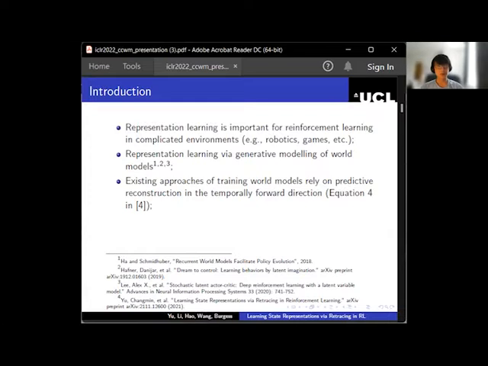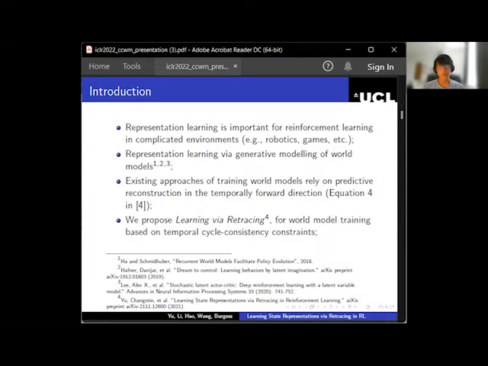Existing approaches of training the world model mainly rely on supervision based on predictive reconstruction. You embed your observations into latent space, do a one-step rollout, then decode it and constrain, let's say, the L2 distance between the predicted reconstruction and the ground truth observations. In the simplest, deterministic case, that's something like that.